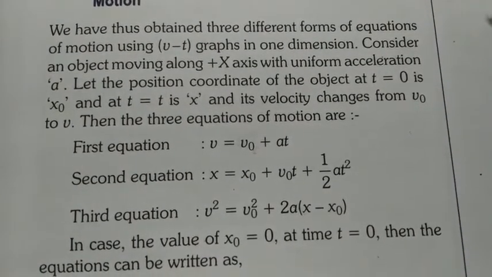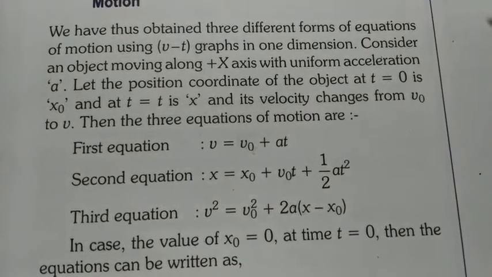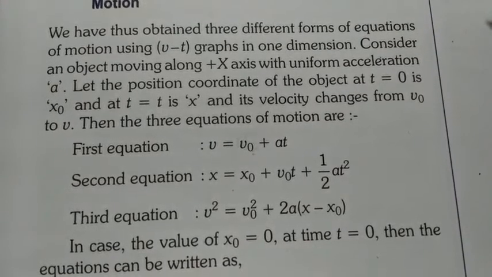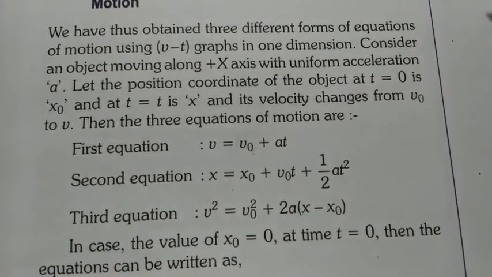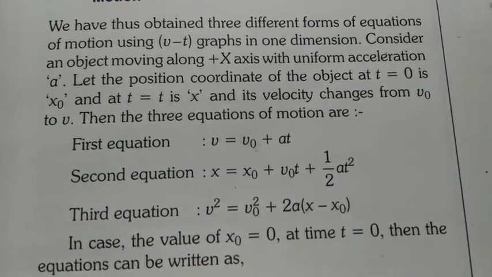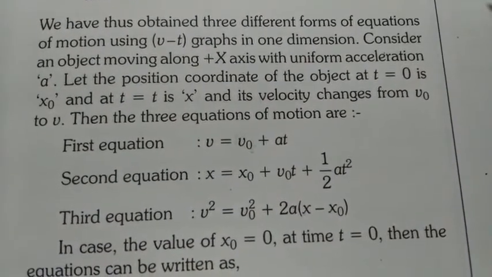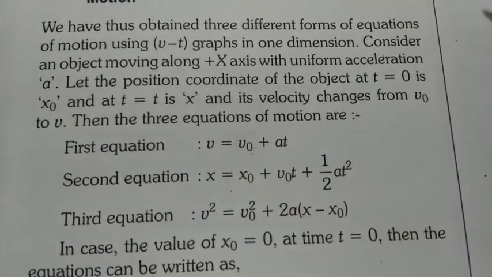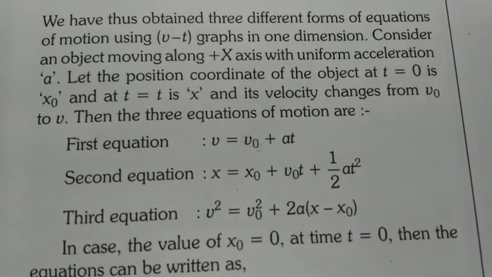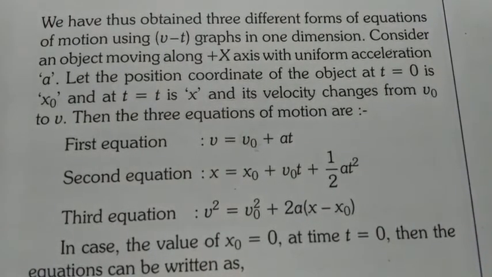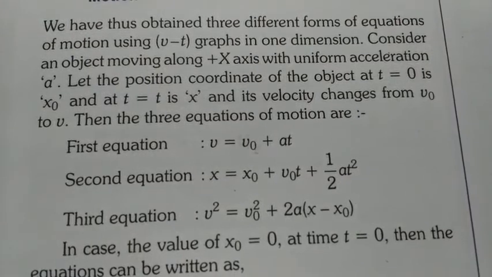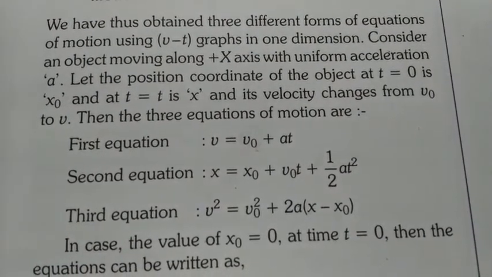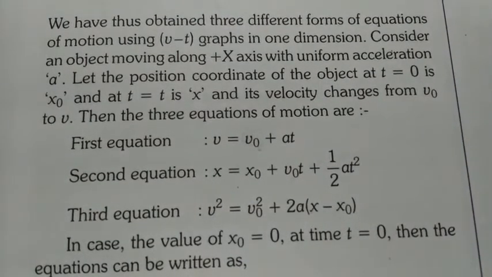That means acceleration will be produced, and it will be a. By applying force for time t, the object achieved a velocity v, the final velocity, and in this course of motion the object is moving along the plus x axis.